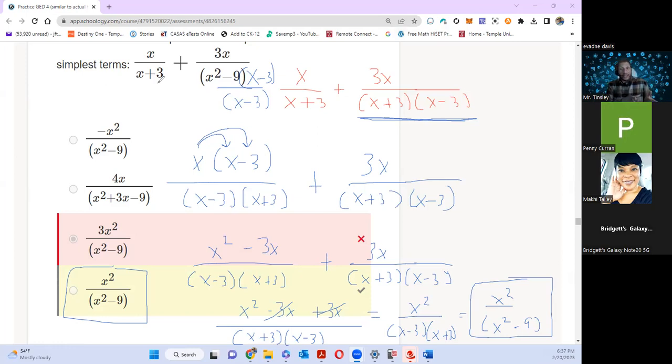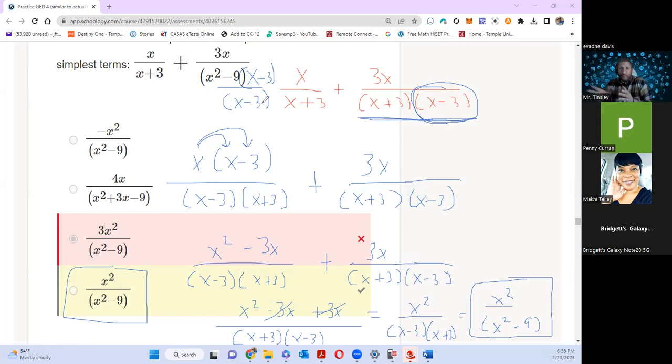Now that we have the two denominators, one is x plus 3, the other is x plus 3 times x minus 3. So the difference, let me change my color to blue, is this x minus 3 right here, and it's being multiplied by x plus 3. So we're going to do the same thing on the other side: we're going to multiply the other rational expression by x minus 3.